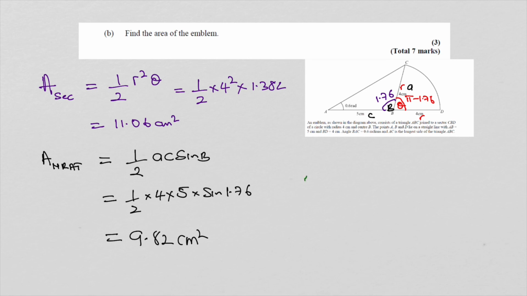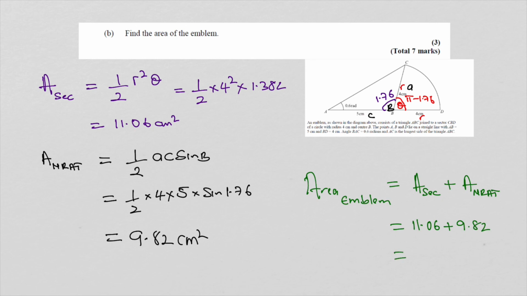And the total area of what we're looking for, the area of the emblem, will be the area of the sector plus the area of the non-right angle triangle. The area of the sector was 11.06 plus 9.82 for the non-right angle triangle.